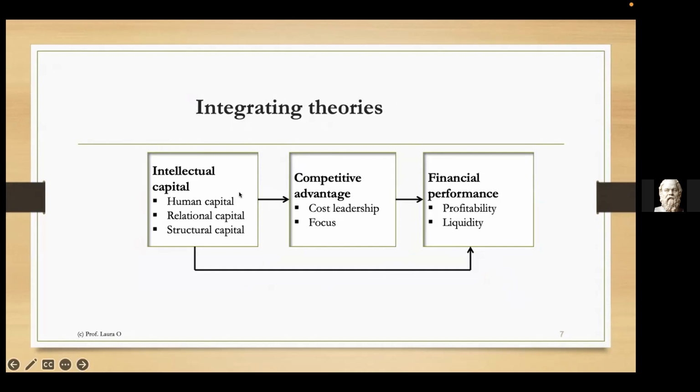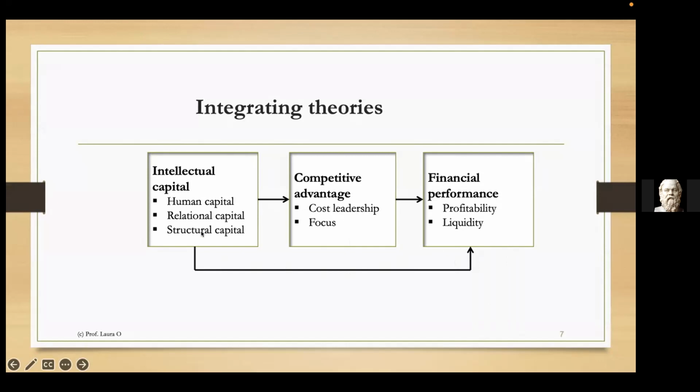When you read these two theories, you will see that intellectual capital theory provides an explanation for financial performance of organizations, okay? And also the competitive advantage theory provides an explanation for financial performance.